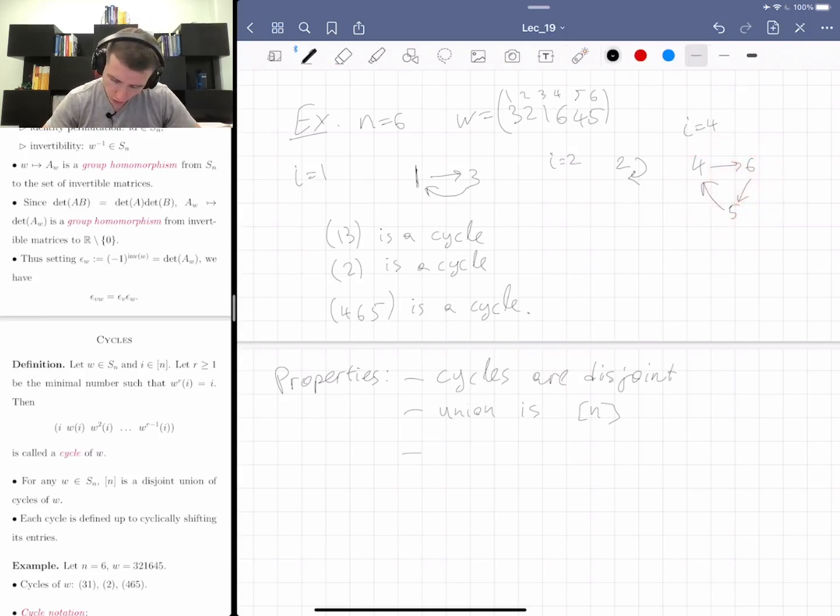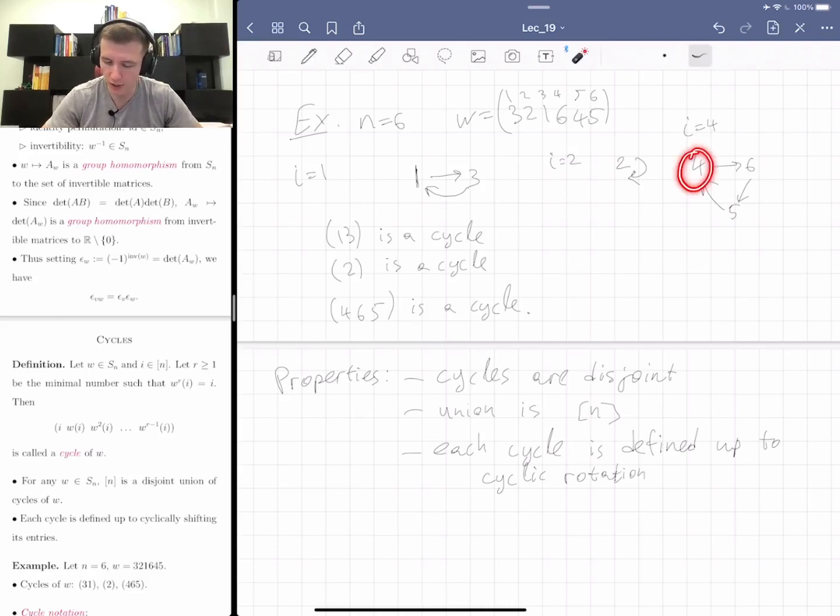So each cycle is defined up to a cyclic rotation. In other words, I don't know where to start the cycle, but I know in which cyclic order they go. It's exactly the same as when you sit people at a round table. That's the same sort of equivalence relation.